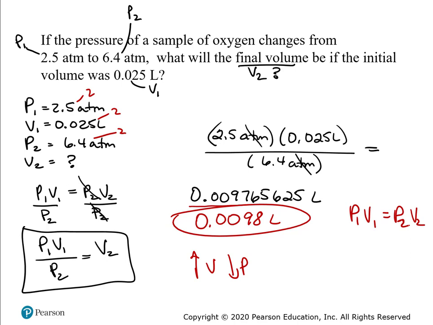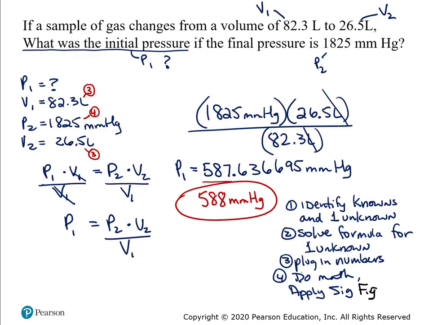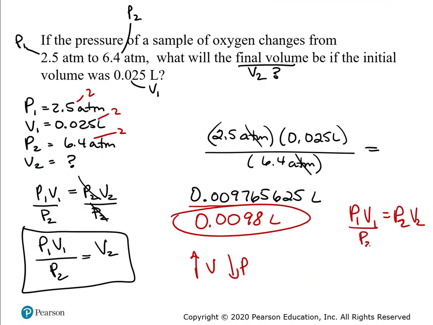If I have to move P2, it's going to end up in the denominator on the opposite side, if I want to find V2. Notice how it goes to the bottom. If I have something in the denominator that I need to move, it'll always go to the numerator on the opposite side. That's a way to remember it.